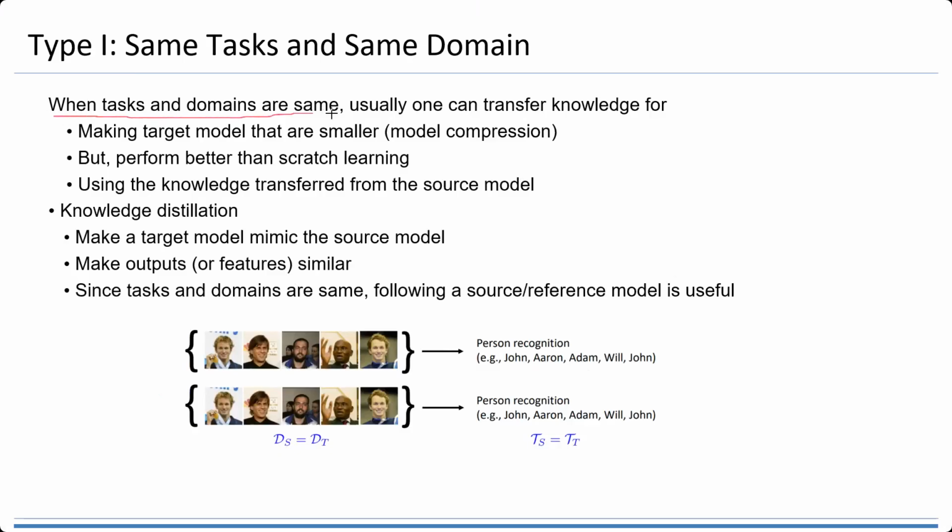When tasks and domains are the same, usually one can transfer knowledge for making the target model smaller, or maybe we call this model compression. So if you know already the pre-trained model, now you know the LLM or the BERT or any other pre-trained model, they are very big.